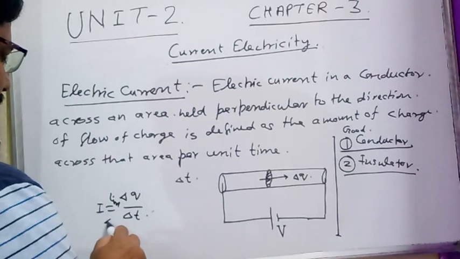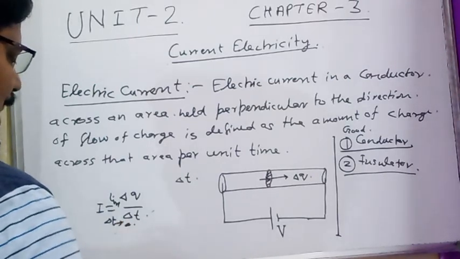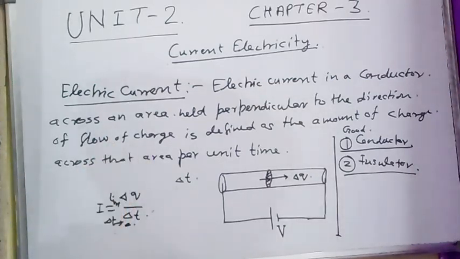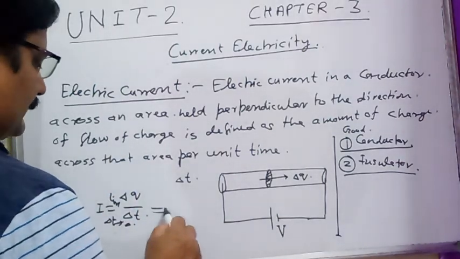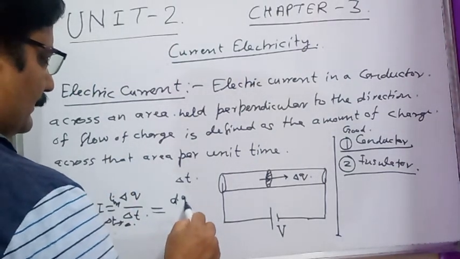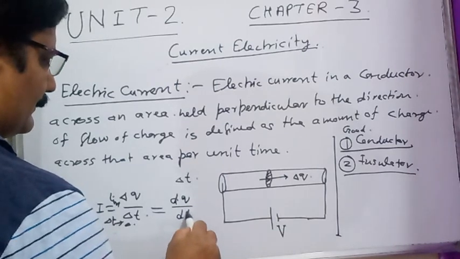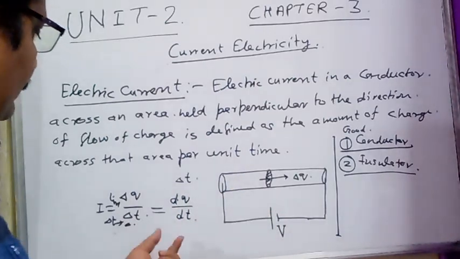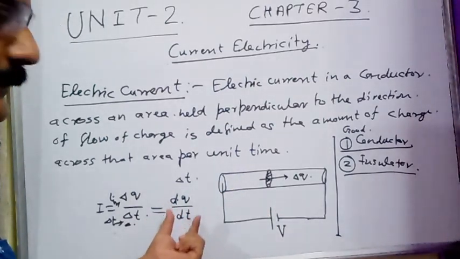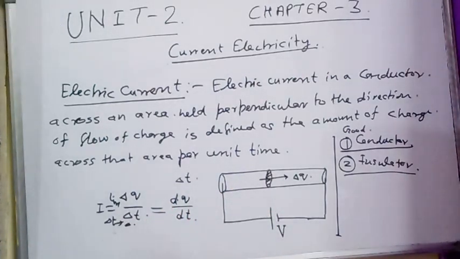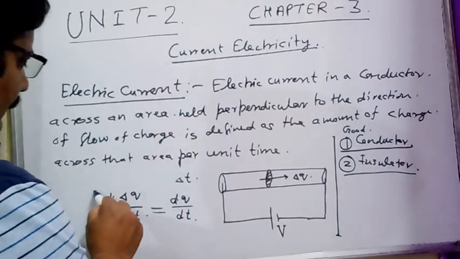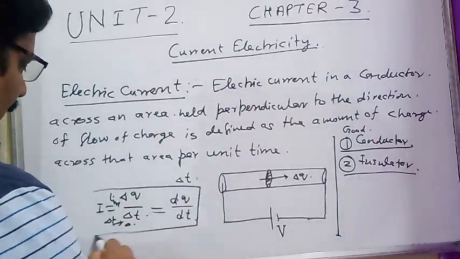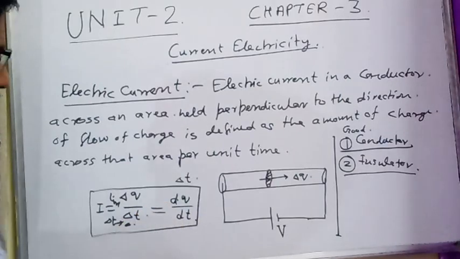Electric current is given as I equals delta Q divided by delta T, in the limit delta T tending to 0. That would be the value of the electric current. Or this can be written in differential form: I is equal to dQ divided by dt. So if the amount of charge flowing through a conductor is a function of time, then to calculate the value of the electric current, we can use this differential formula, current I is equal to dQ divided by dt.